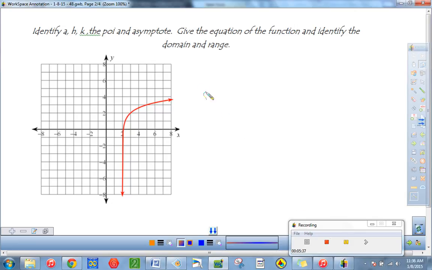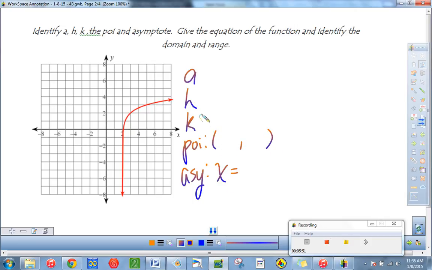Alright. So we've got to know AHK, we got to know POI, and we got to know our asymptote. Alright? So the asymptote is at 2.